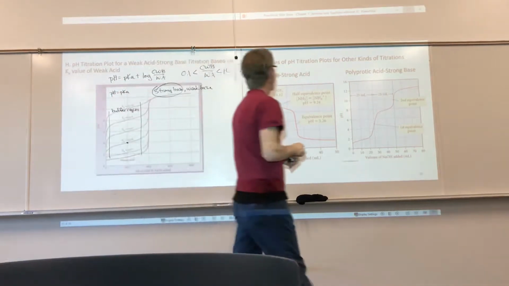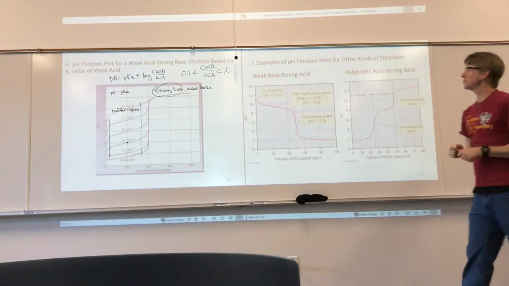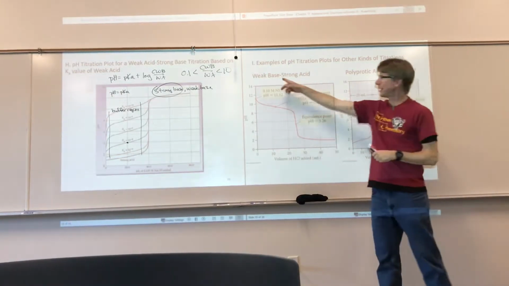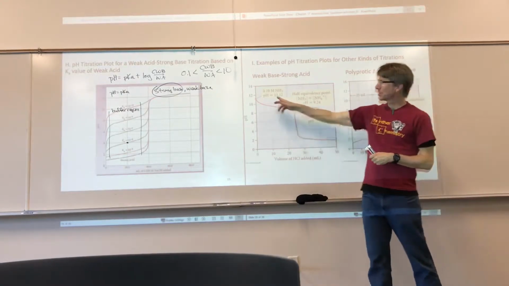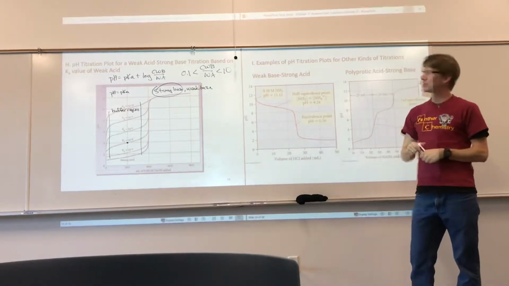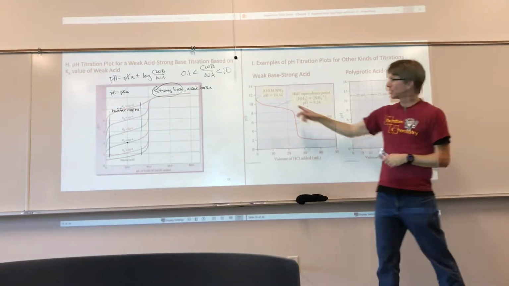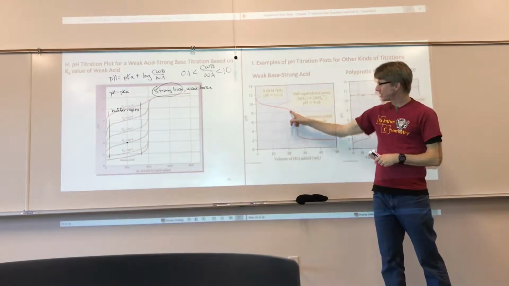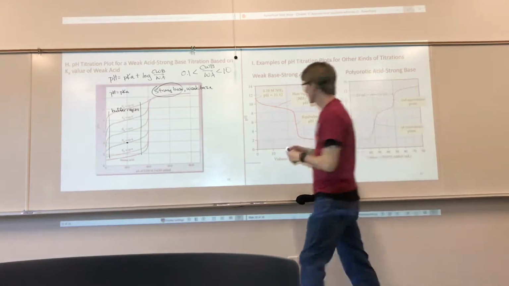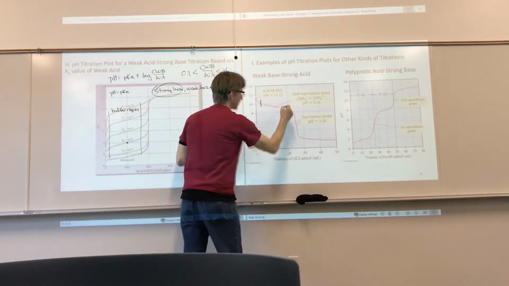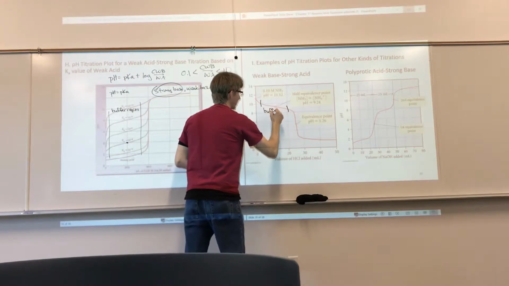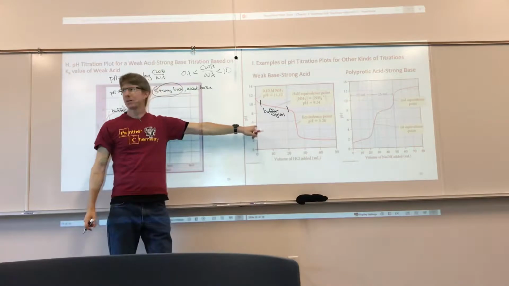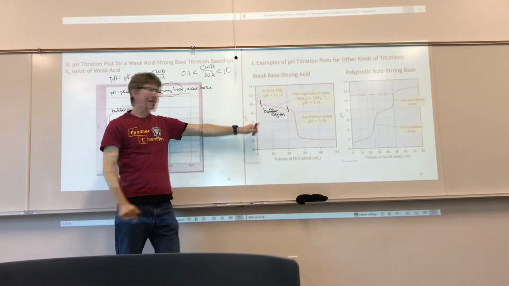If not, then we just have examples of pH titration plots for other kinds of titrations. We have weak base, strong acid. In this particular case, we're looking at 0.10 molar ammonia with a pH of 11.12. Buffer region coming down. In the middle of the buffer region, pH equals pKa.